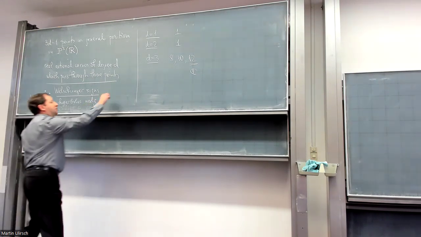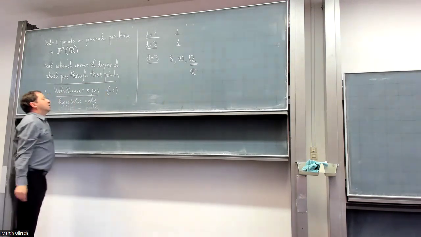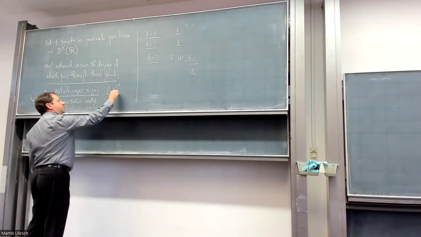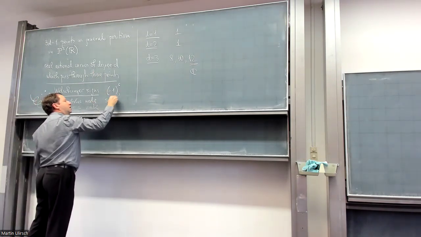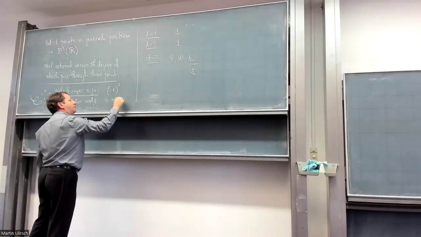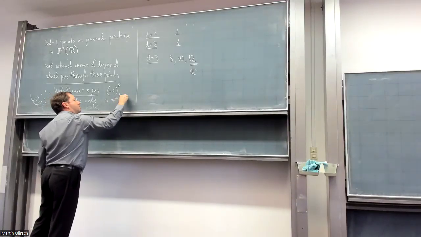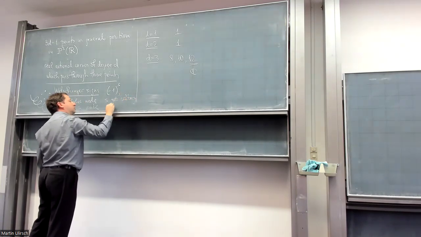So the sign is just (-1)^S, where S is the number of solitary double points.